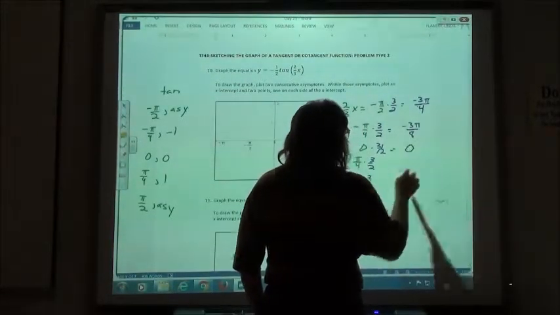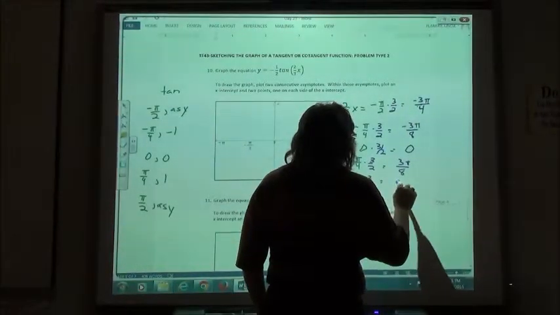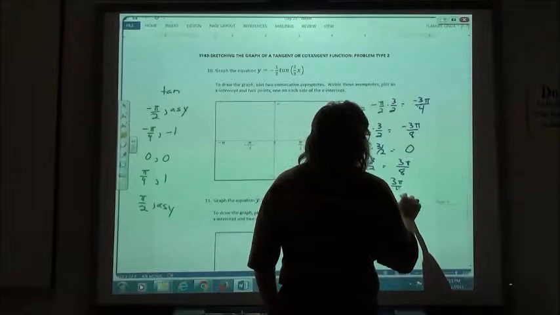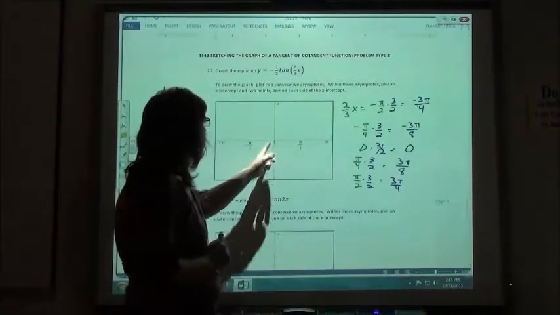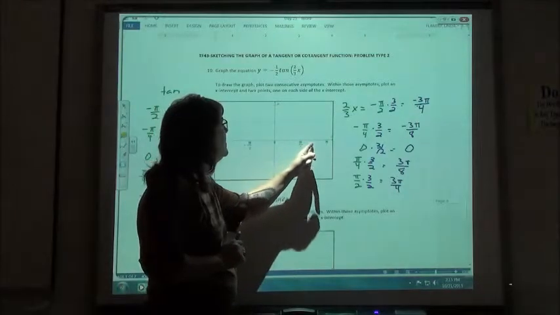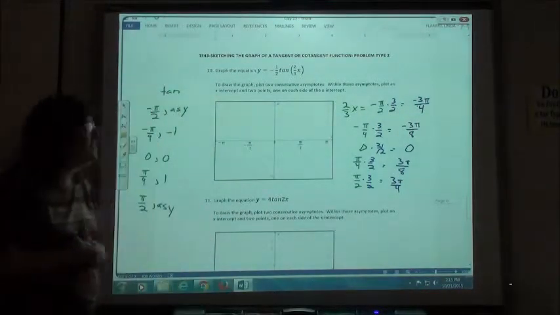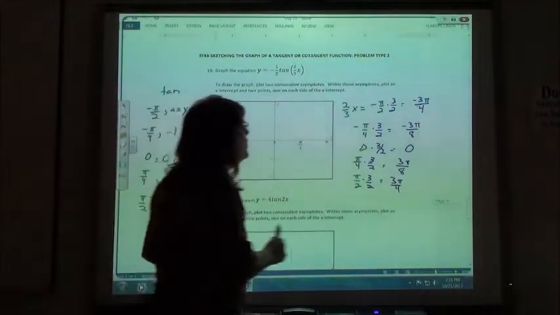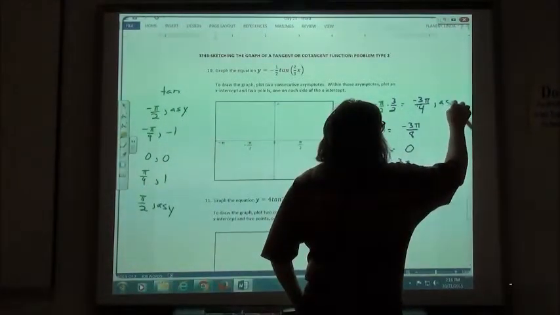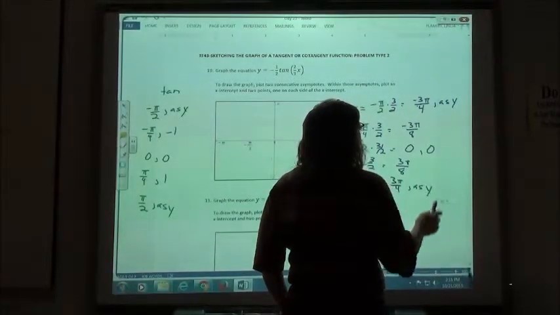This is going to give me 0. This is 3pi/8. And this is 3pi/4. So, between 0 and pi, 1, 2, 3, 4, 5, 6, 7, 8. Each of those are in pi/8. And so, first is my asymptote, last is my asymptote, 0 in the middle.